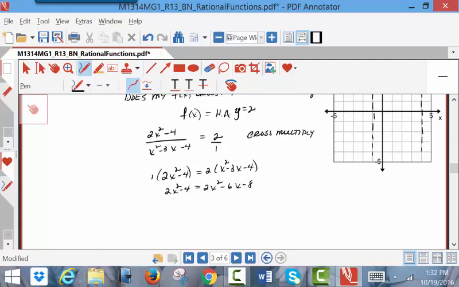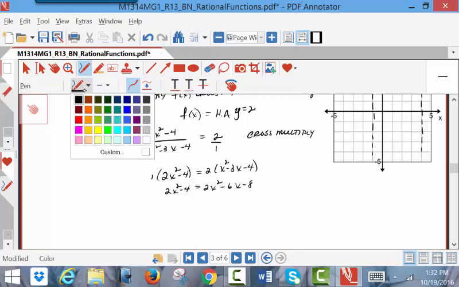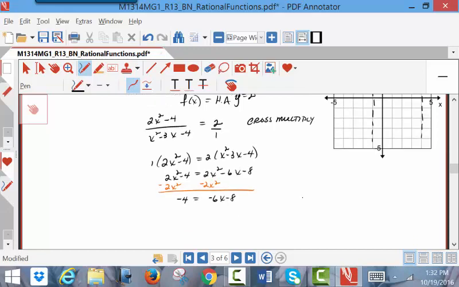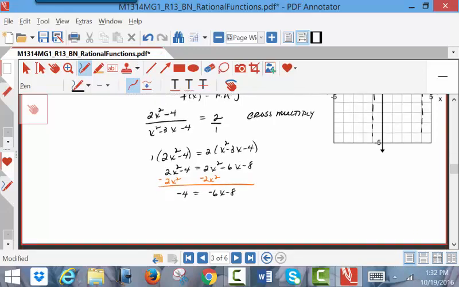Now, pretty much in every case you'll see, when you come in here and you subtract your x squared term off of each side, this becomes a lot easier. This will then become negative 4 equaling 0 minus 6x minus 8. Then when you add 8 to each side, you get positive 4 equaling a negative 6x.